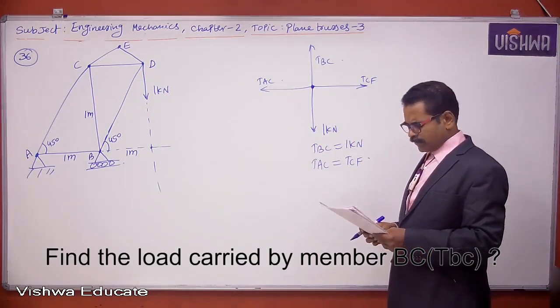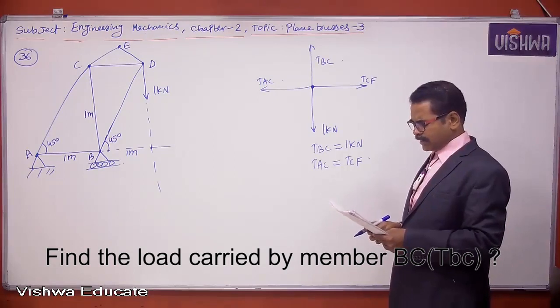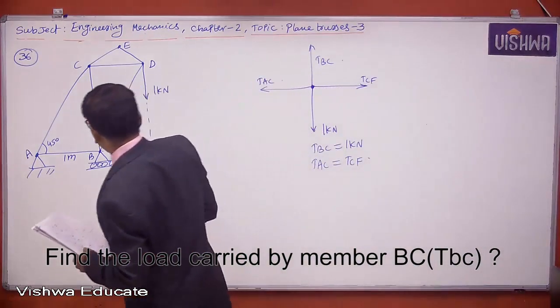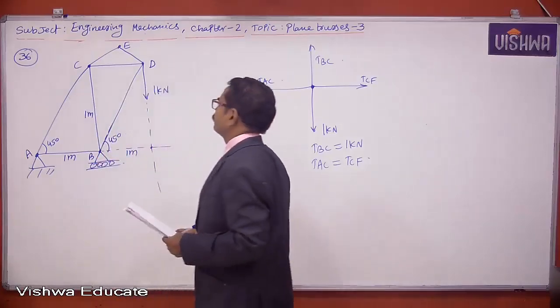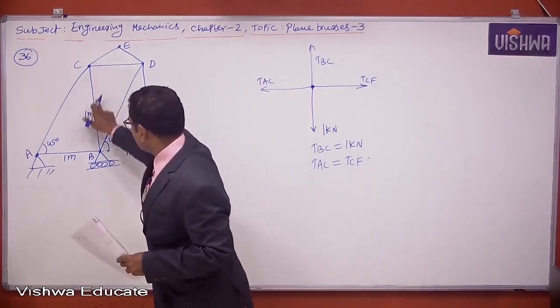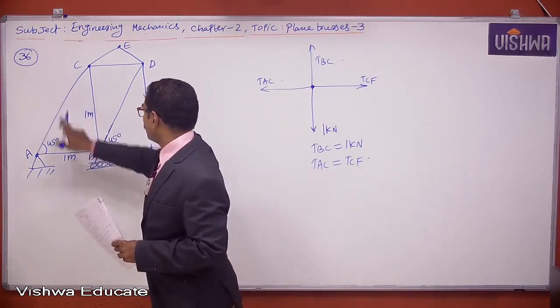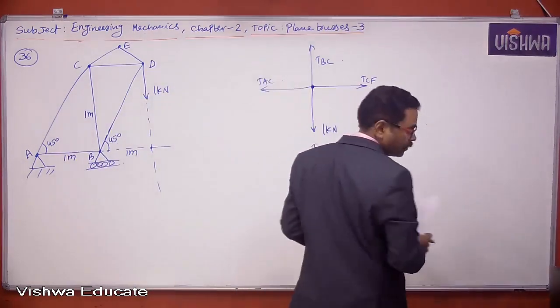So here we have to find the load carried by member BC. Member BC is vertical, right? Like that you have to draw: vertical line, horizontal line. These three are forming a right angle triangle.